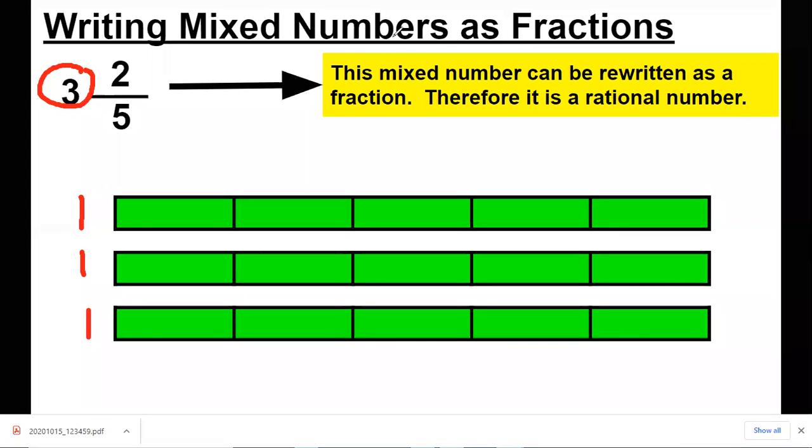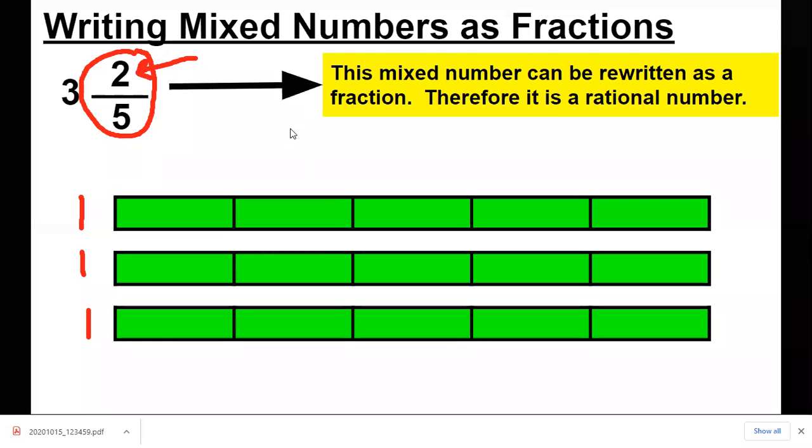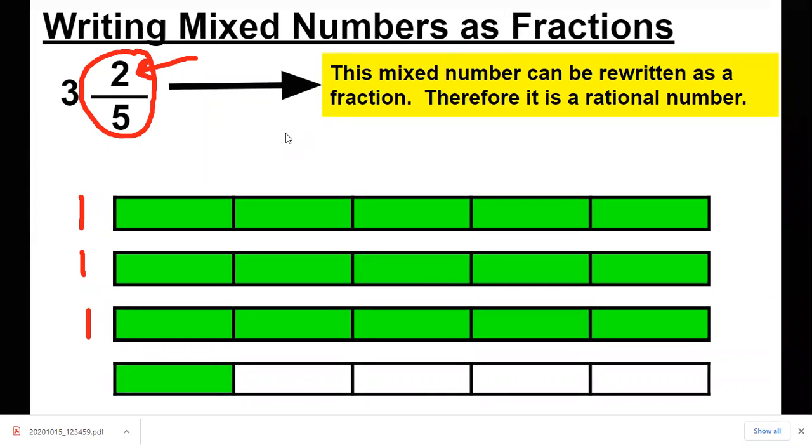But in addition to the wholes, I also have to eat part of another pizza. How much of another part do I have to eat? Well, I have to eat 2 more pieces of a pizza cut into 5 pieces. So I have to bring out another pizza and I eat 1 piece and I eat 2 pieces. I only eat a fraction of that last pizza. I eat 2/5 of that pizza.